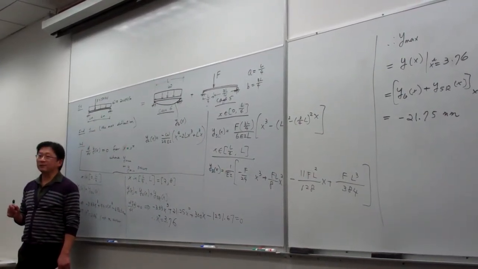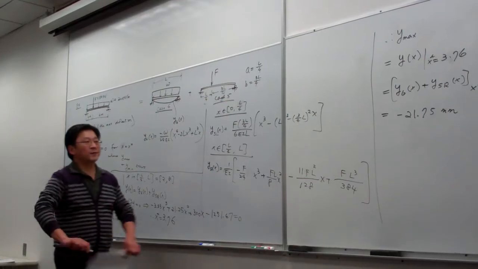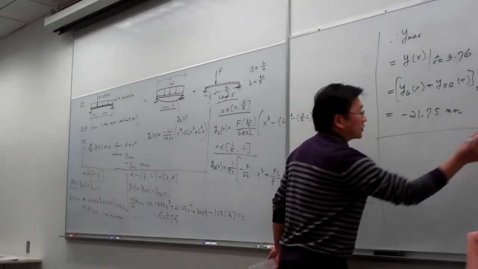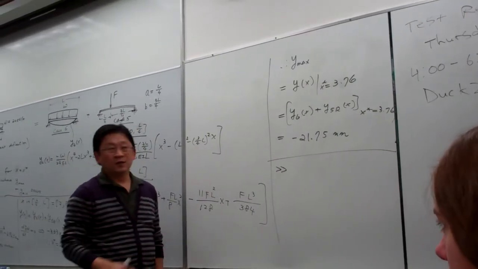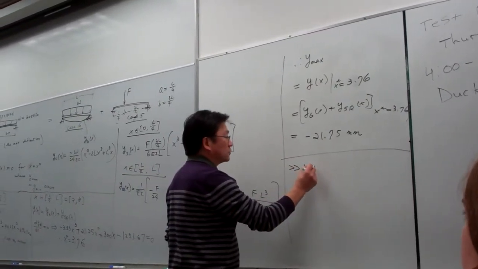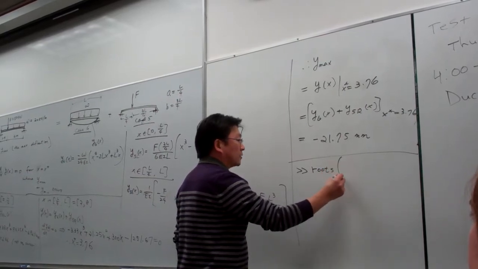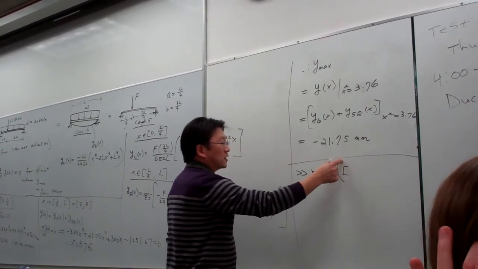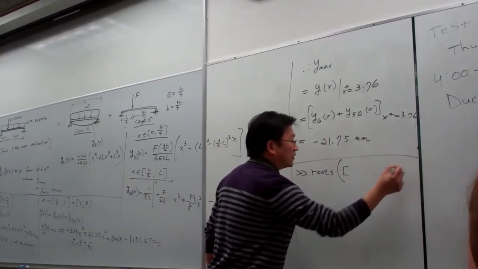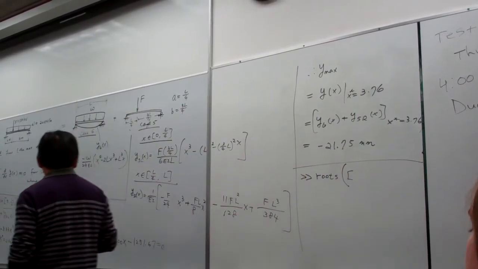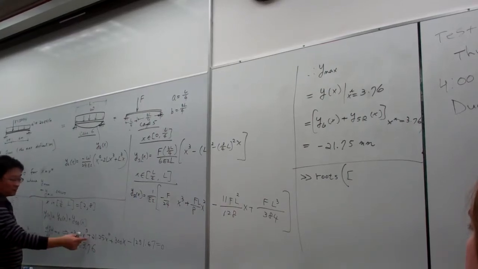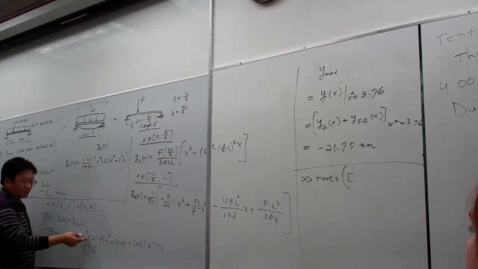You fire up MATLAB, and in the main screen you will see the cursor. In the cursor, you simply type in roots, with round brackets, and then using square brackets you write out the coefficients of this polynomial in descending order.